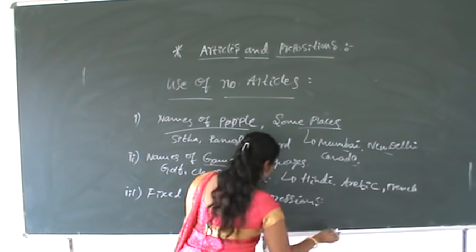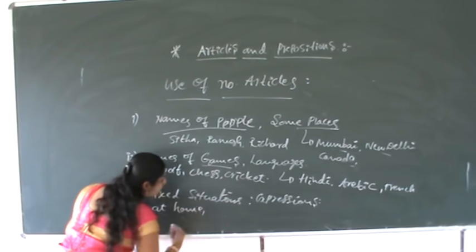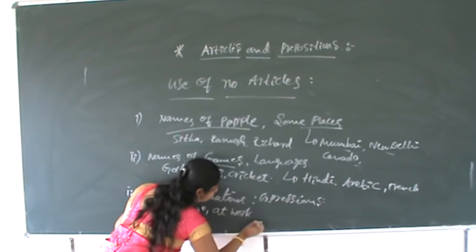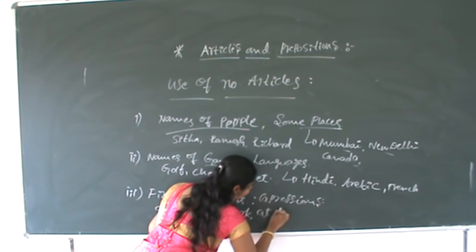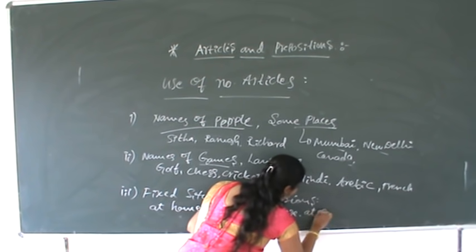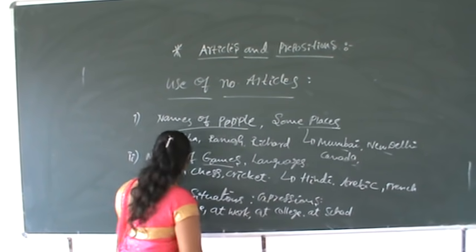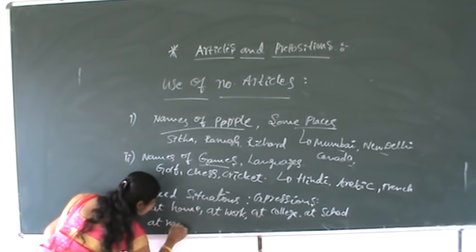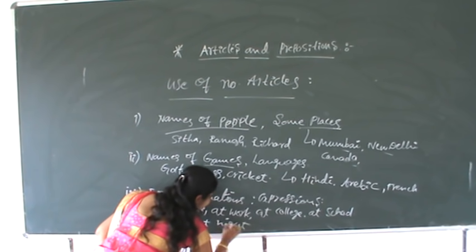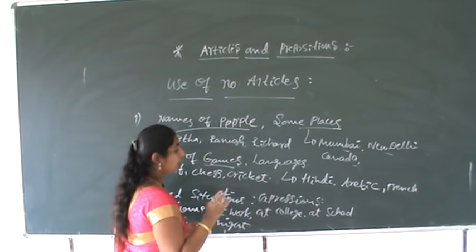For example, here I will write it here: at home, at work, at college, at school, and some of the others, at noon, at night. Here, before such situations, before such expressions, we are not going to use any articles.